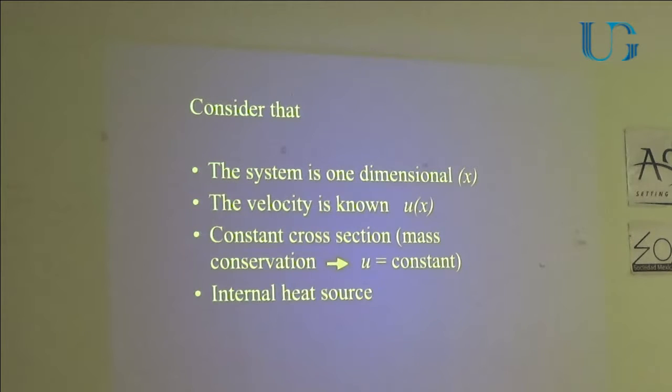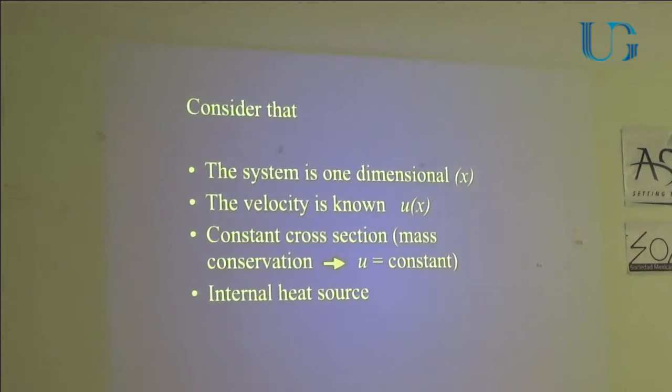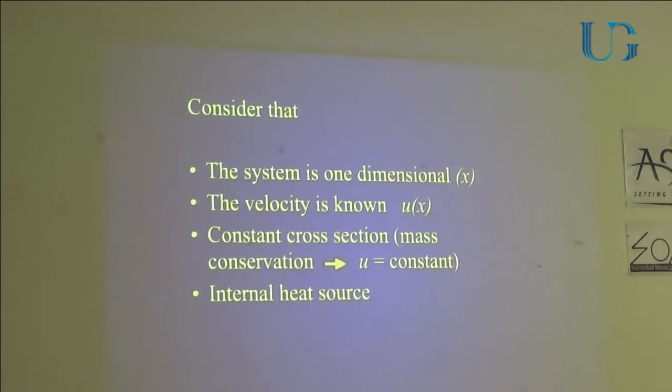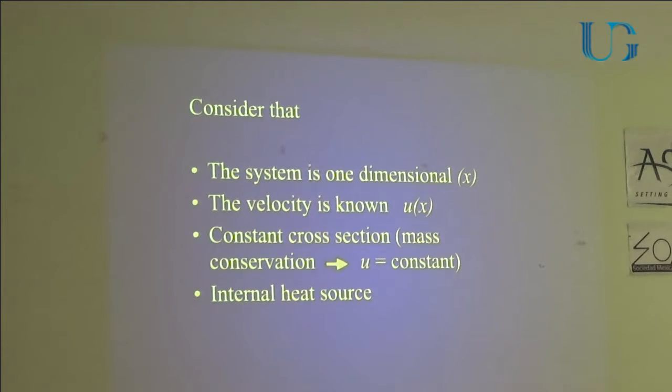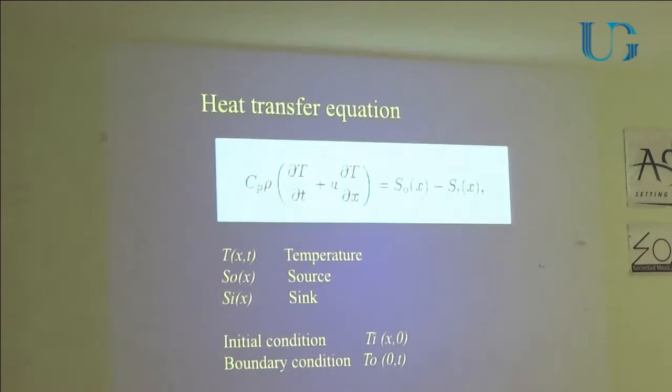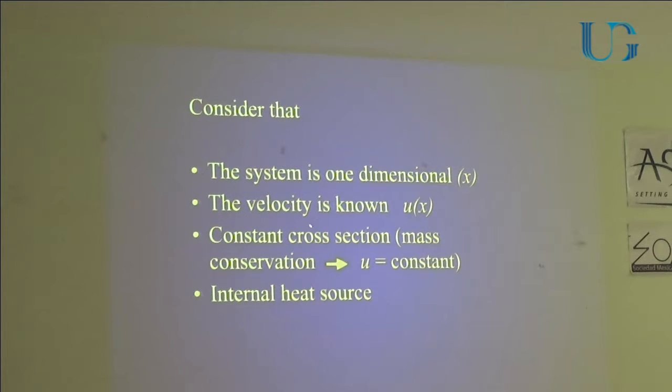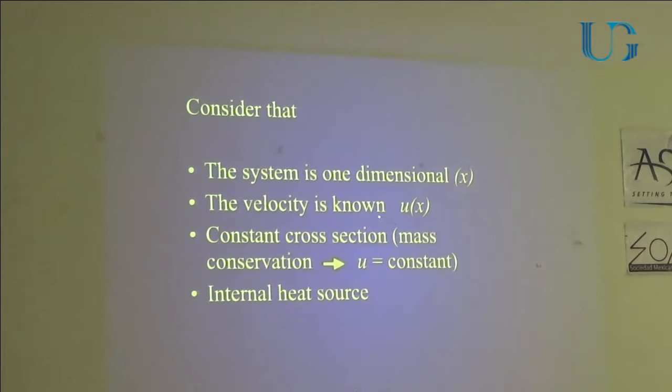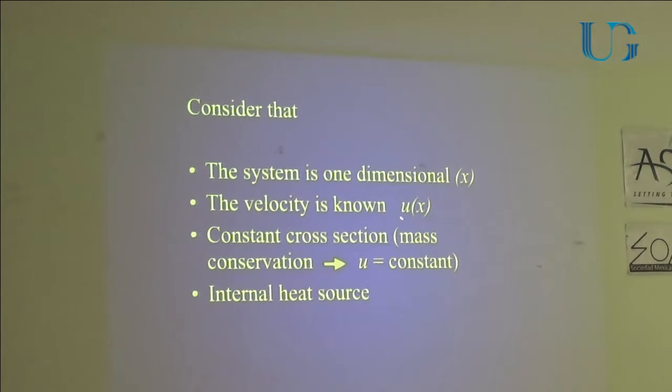So let me open up a quick bracket in here so that I can try to explain what happens inside the system. First of all, I will consider a system that is just one-dimensional. Out of my volume, I will choose just one dimension, from inlet to the outlet. Secondly, I am going to assume that I know what the velocity of the system is.